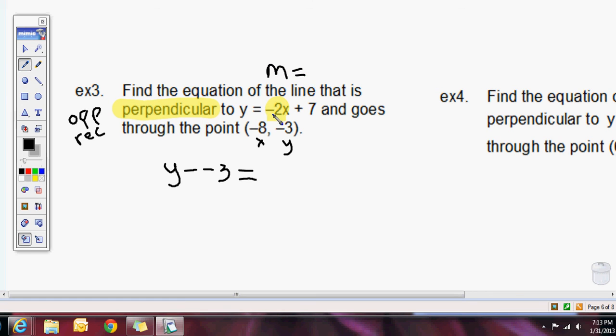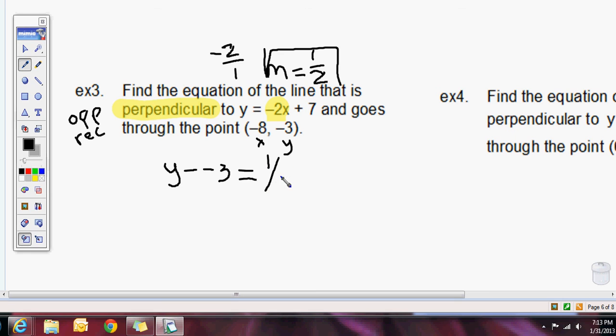It's going to be positive because that's the opposite of negative. And we have to flip 2 over 1, which would just be 1 over 2. So hopefully, do you see how that is opposite reciprocal? It started as negative 2 over 1, we flipped it, and then this is negative, this is positive.